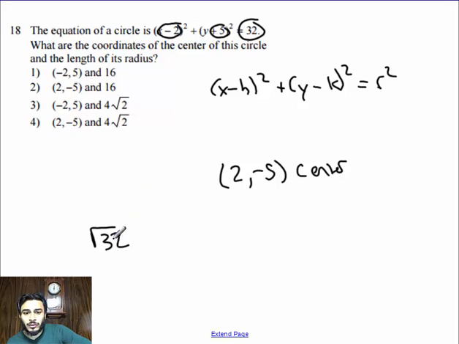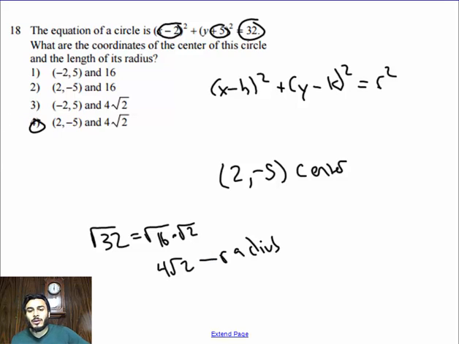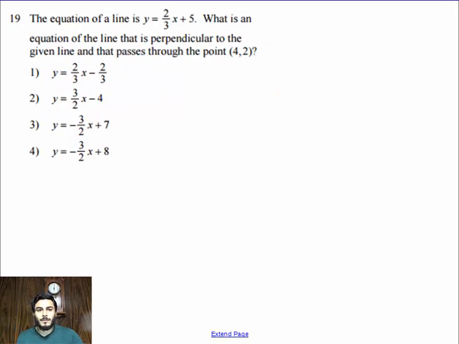They don't want a decimal answer. They want it in simplest radical form. So you will simplify radical 32, which can be simplified with radical 16 times radical 2, and so we get 4 radical 2 for the radius. So the answer is choice 4.